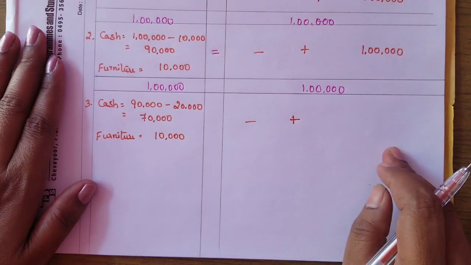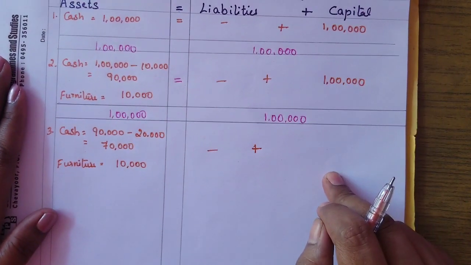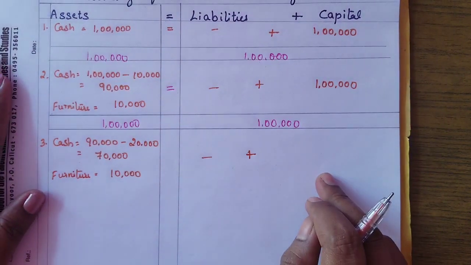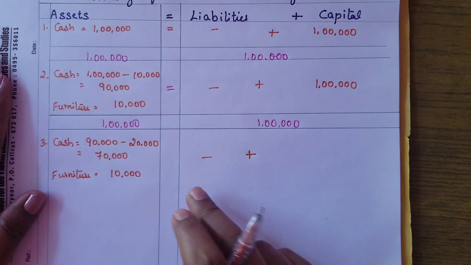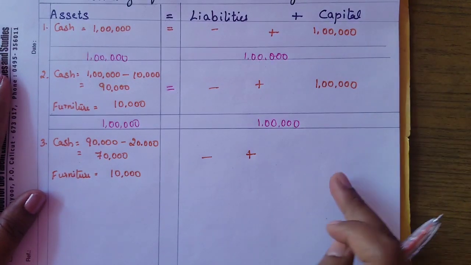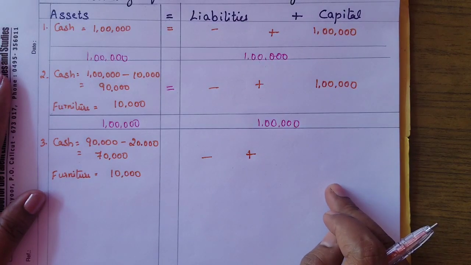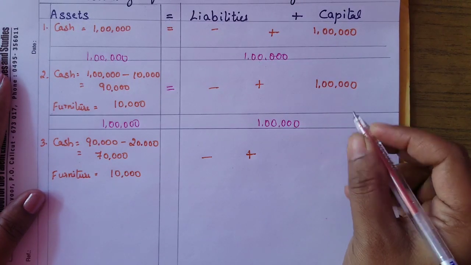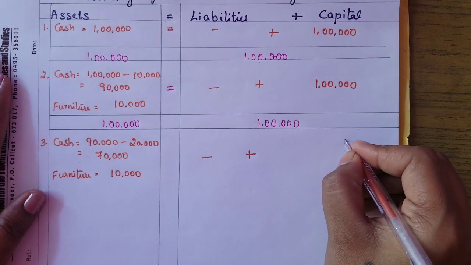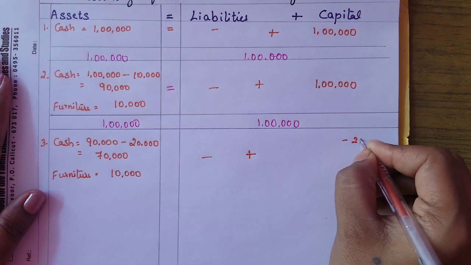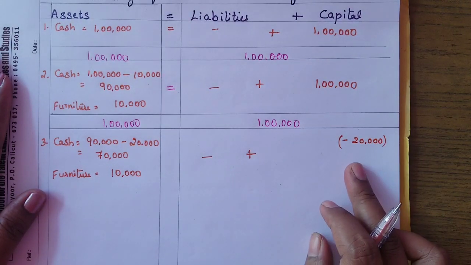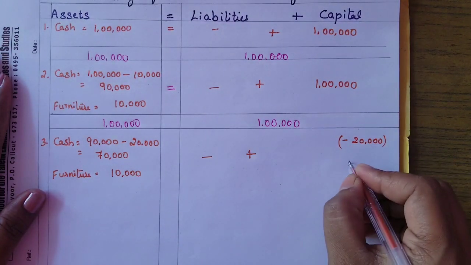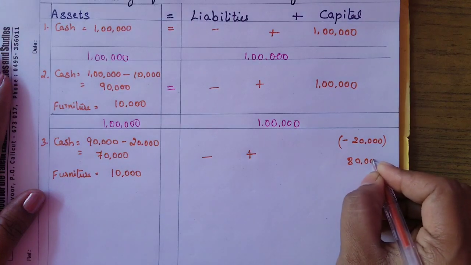It is affecting the capital because, as I explained to you in the classification, drawings is an expense, and all the expenses will be deducted in the capital balance. So what is the 20,000 they have withdrawn? So minus 20,000 in the capital. Okay, 1 lakh minus 20,000 becomes 80,000.